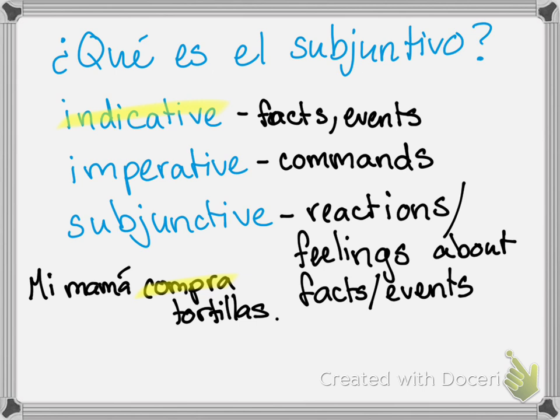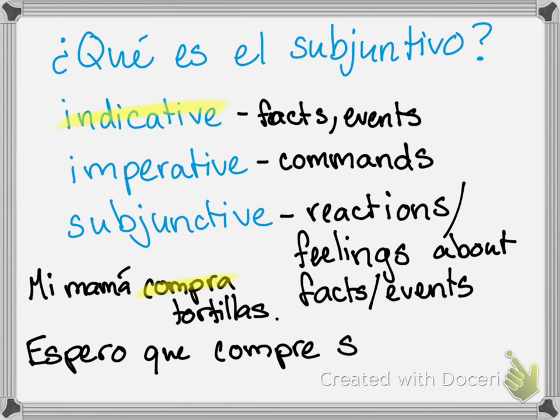If I then am going to react to that, I need to have not just a simple sentence, but a complex sentence. So I am going to say something such as, espero que compre suficientes.